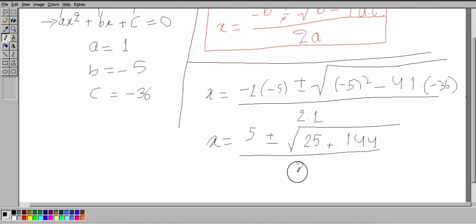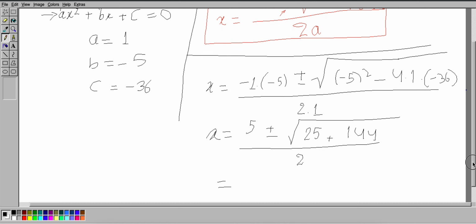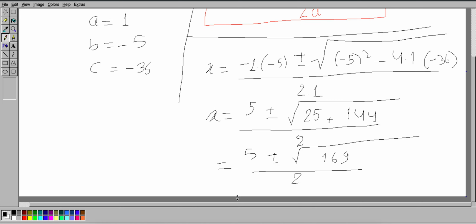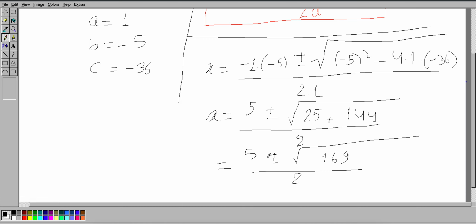So, divided by 2. 5 plus minus, what would this number be? 25 plus 144 is 169, divided by 2. So what is the root of 169?